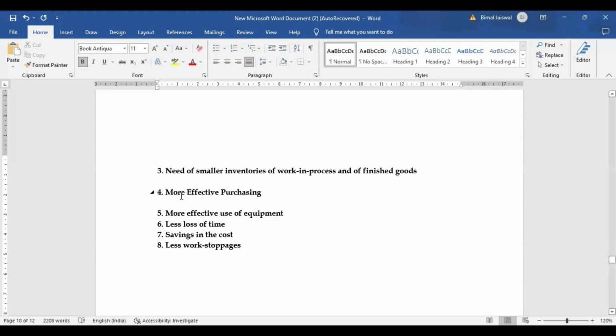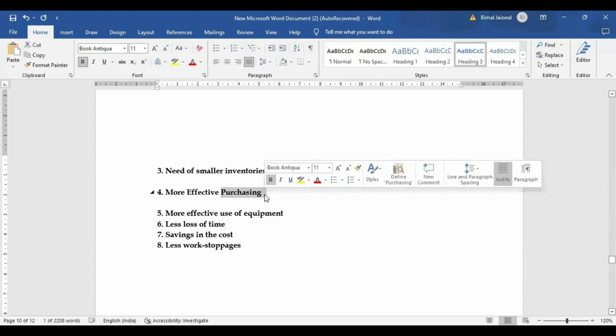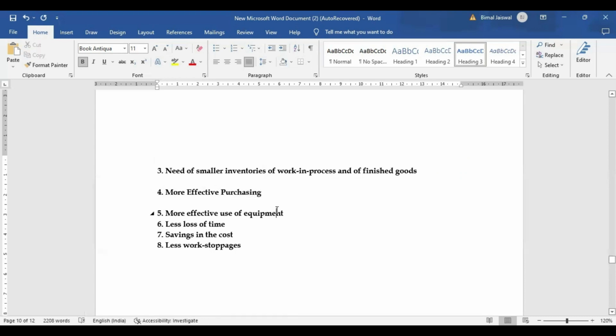Control will also check on the purchasing: from where the goods have been purchased, who is the supplier of the raw material, at what rate, what quantity, and what price they have made the raw material available. Effective purchasing can be applicable.